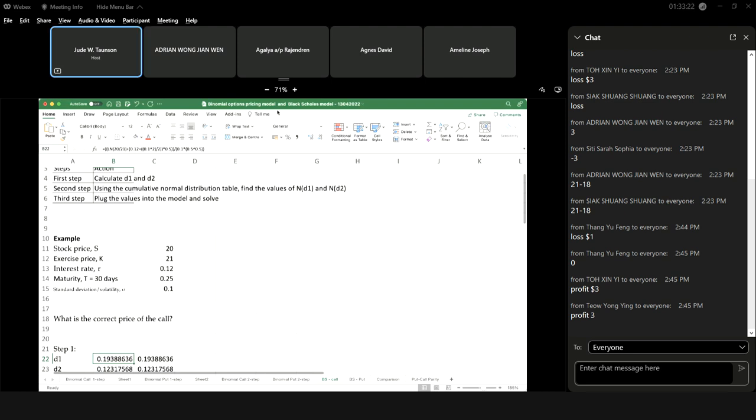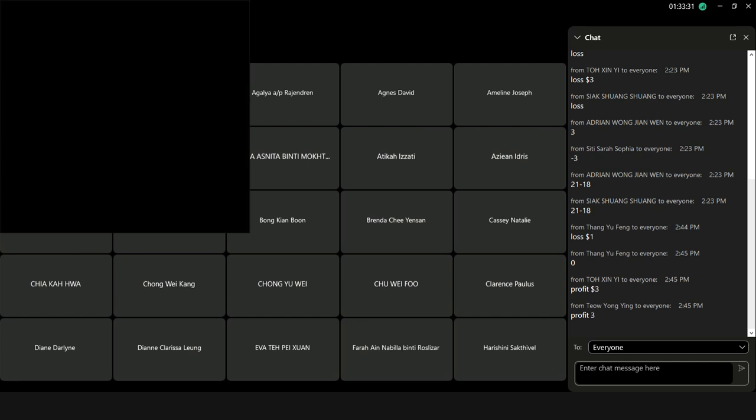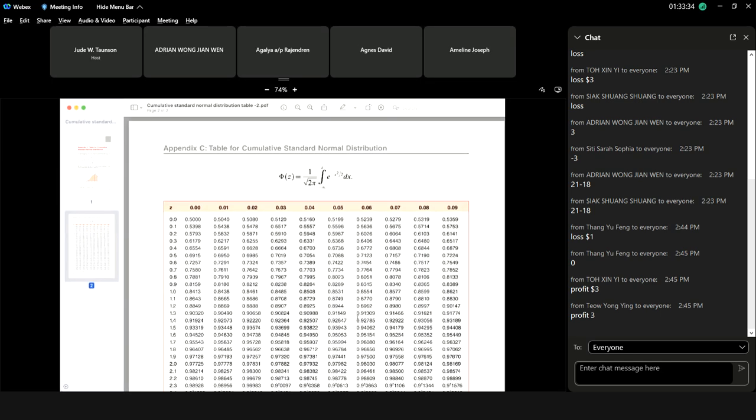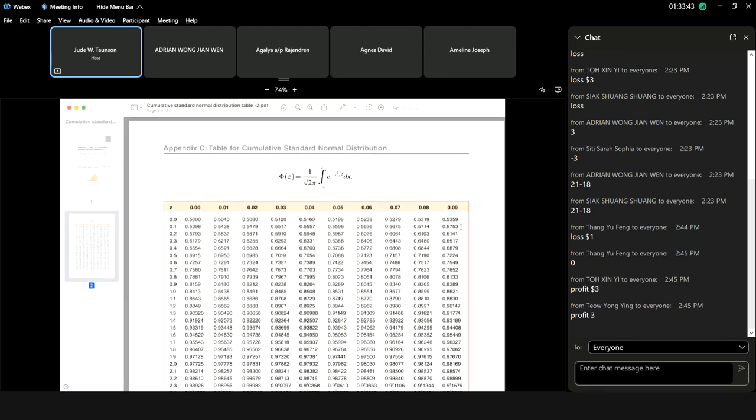Okay, so now we look at the table. Let's look at the table together. Okay, 0.19. 0.19 is somewhere here. Okay, this is for D1. 0.19 is equal to 0.5753.